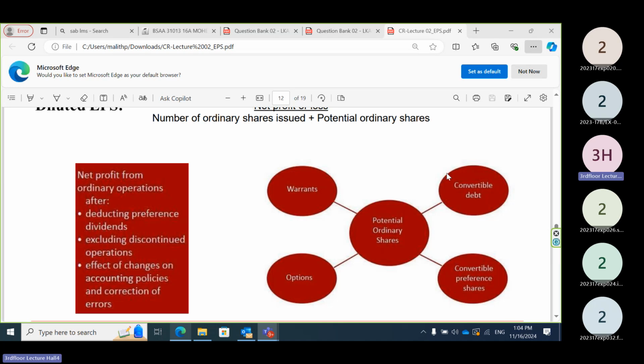Warrant is a kind of privilege given to government staff. So then, if you want to give a privilege to available ordinary shareholders, we are giving a share warrant to them. In another 2-3 years time, you have a warrant to get some of the shares for this price.